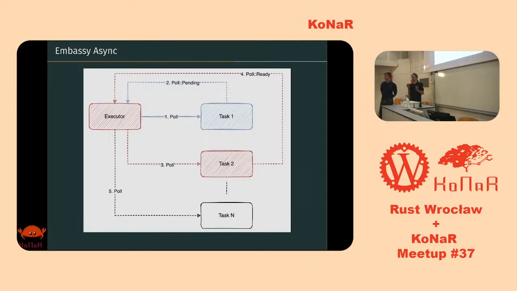If there are multiple tasks, that's where Embassy starts to work really well. If one of the tasks reaches the async function, the async keyword, it's stopped. The task is stopped. It goes to the executor pool and waits for its turn. Then the second task can finally run and reach the next async keyword, and then return to the pool again.